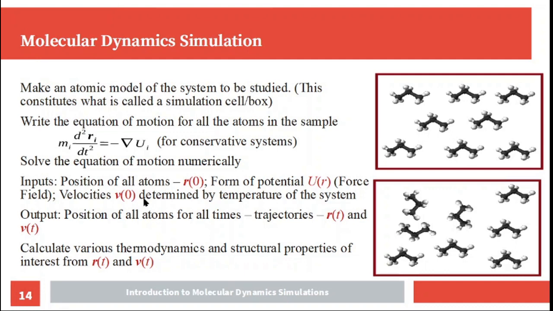These can be determined by the temperature of the system. And when you solve the equation of motion numerically, as an output, what you get is the position of all atoms for all times. That is, you get trajectories, or r as a function of t, where t is any arbitrary value, and also v as a function of t.